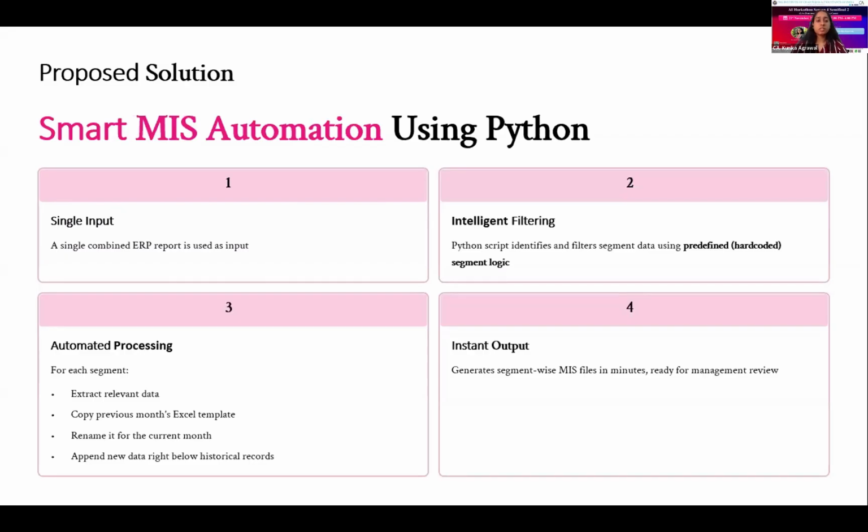The pure beauty over here is that every time I run this script, a new version of the Excel is created, because anytime we make an edit in this file, a standard process that we follow is to create a new version. So it will also rename it for the current month and give me the report for each segment. Within a few minutes, I'll get the segment wise reporting done.